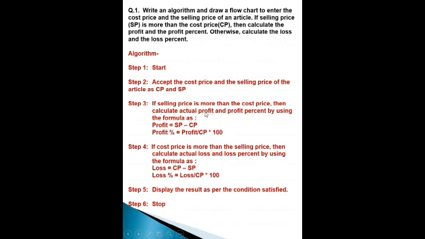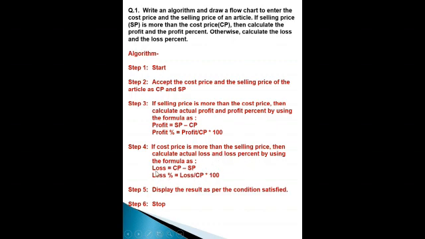This is for profit. Now, if cost price is more than the selling price, then calculate actual loss and loss percent by using this formula. If I have purchased something for 100 rupees and I am selling that thing for 90 rupees, then cost price is greater than the selling price, so we will get a loss.